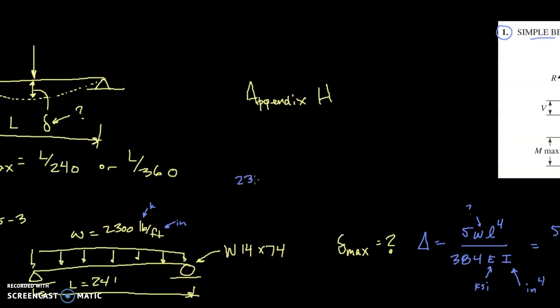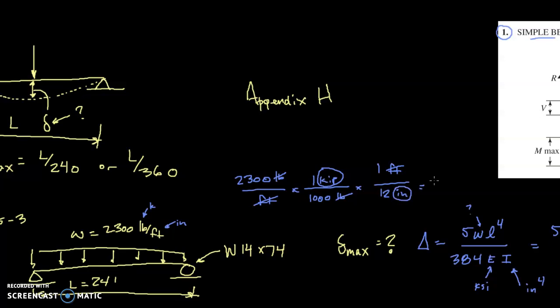So 2,300 pounds per foot multiplied by, for every 1,000 pounds, we have 1 kip, and for every 1 foot, we have 12 inches. So the feet and the feet will cancel out, and the pounds will cancel out, and I'll be left with kips per inch. So let's calculate that.